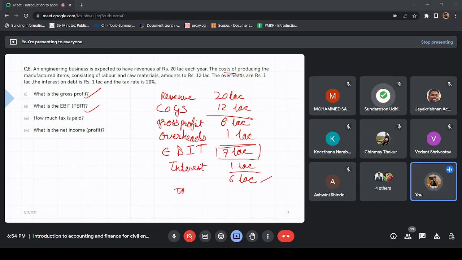So how much tax are you going to pay? 1.2 lakh. So your net profit or income becomes 4.8 lakh. So we came to the 4.8 lakh figure.